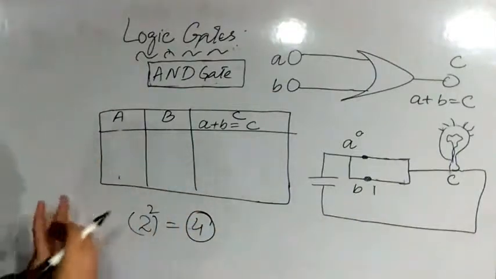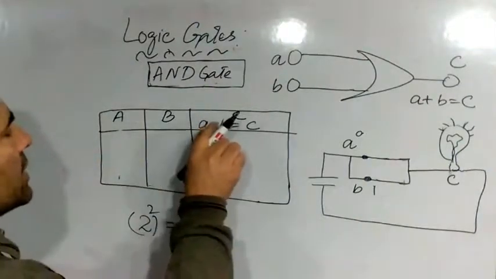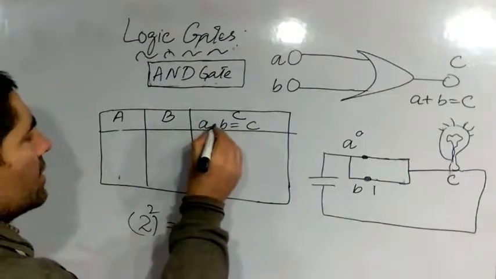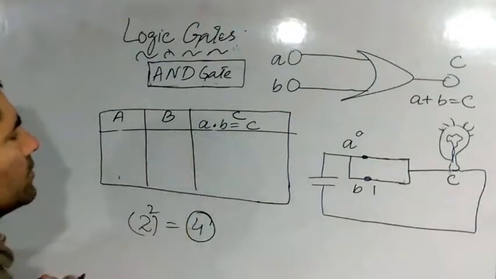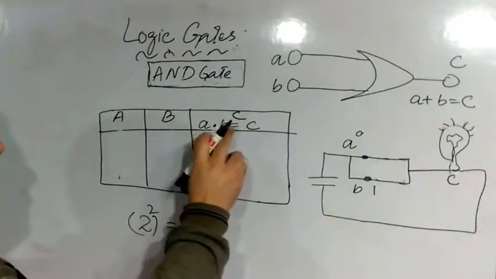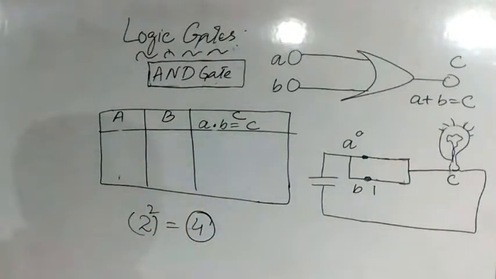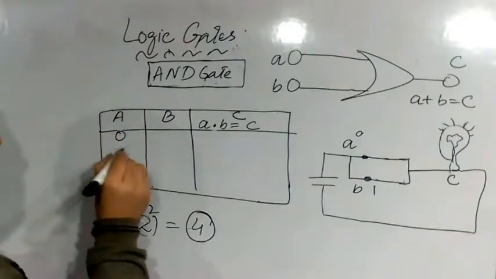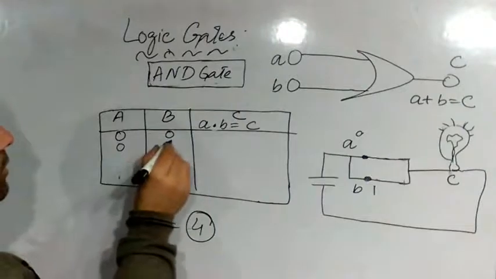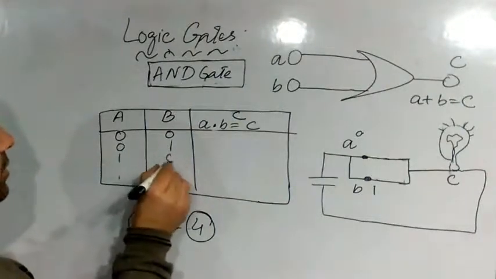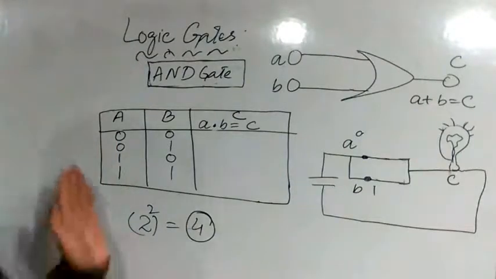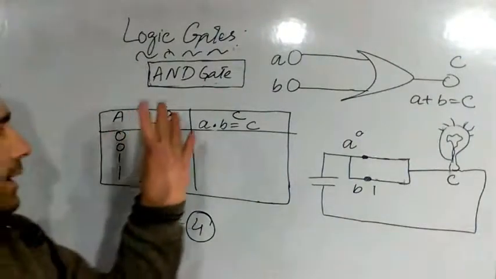Right? So the representation of this AND gate is this dot. A dot B is equal to C. Let's write its inputs: 0 0, 0 1, 1 0, 1 1. These are the inputs for this AND gate.